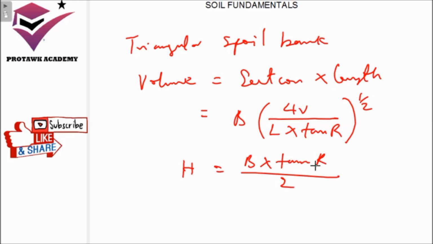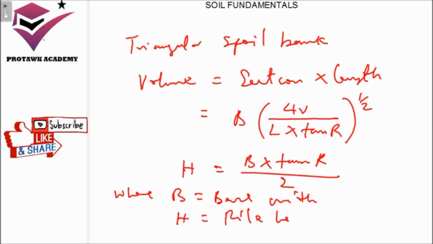From this formula, B is the base width. This can be in meters or in feet. Then H is the height of the pile, also in feet or meters, whichever one.